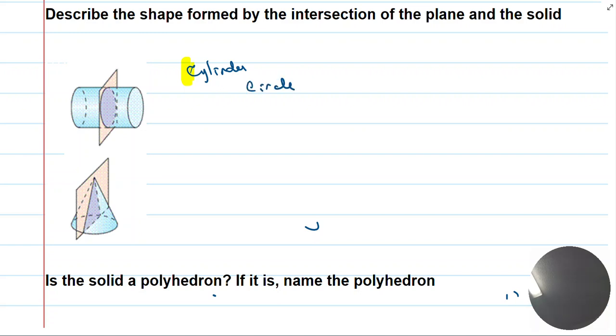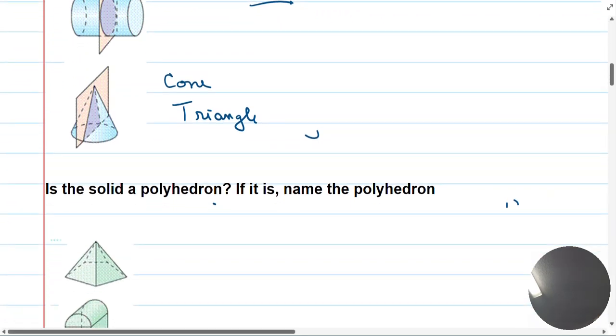Circle. And this would be the answer. If I had a cone and I put a dividing plane on it, I would have a triangle. Nothing hard, but you'll have one problem of this nature. The visual, because it gets you ready for conics. In conics, you go into big detail on that.